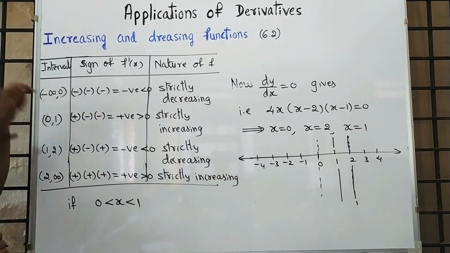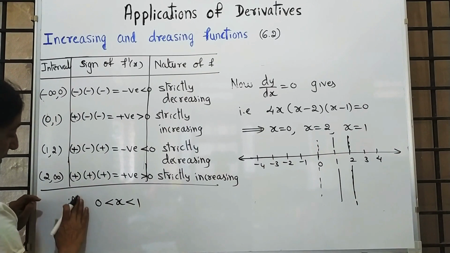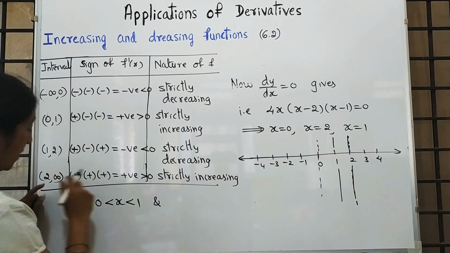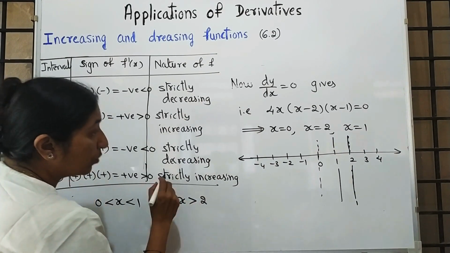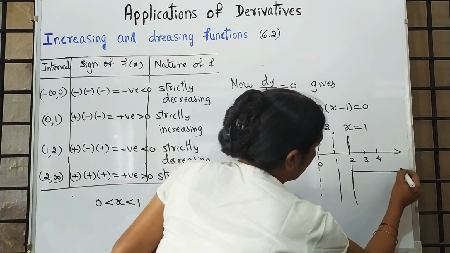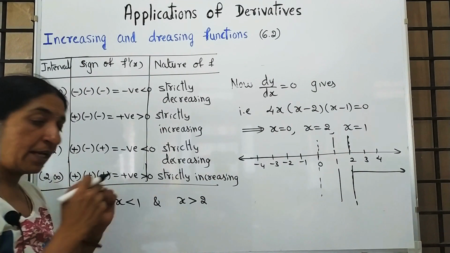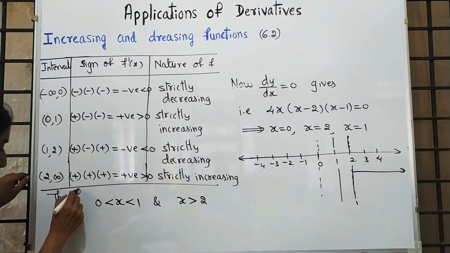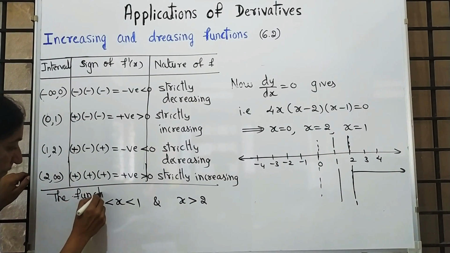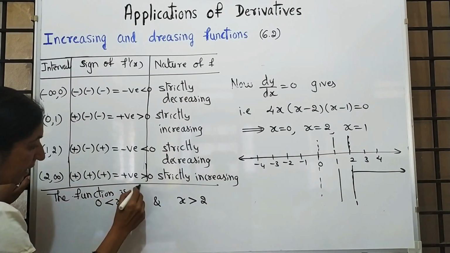And 2 to infinity, if x is greater than 2, moving on the right side, the function is strictly increasing.